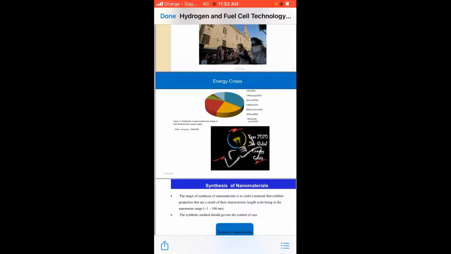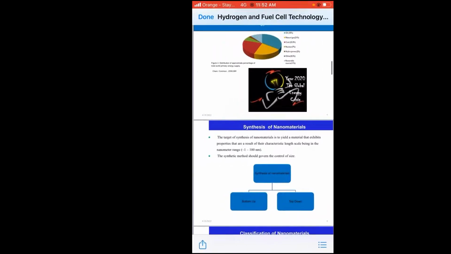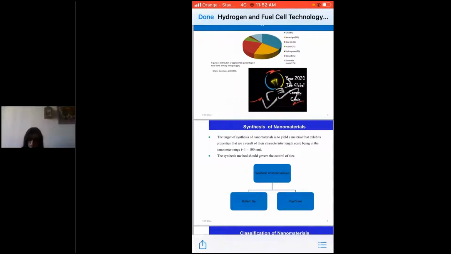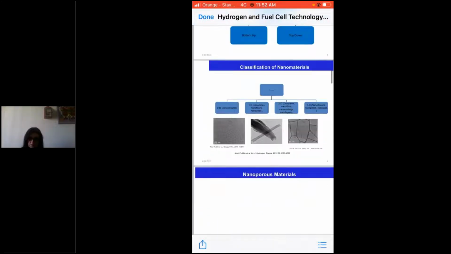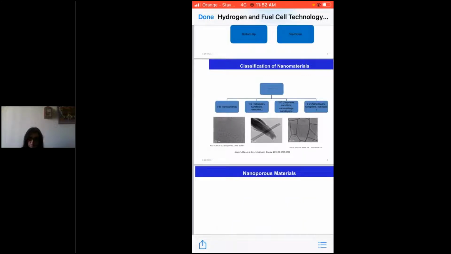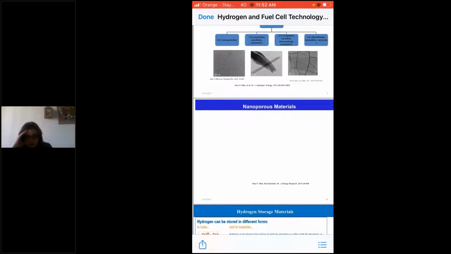Here is a simple presentation about nanomaterials, based on two approaches, bottom up and top down, and their classification: 0D, like nanoparticles; 1D, like nanotubes, nanofibers, nanowires; 2D, like graphene, nanocoatings and nanolayers; then 3D, like nanoflowers and so on. The other topic is nanoporous materials.